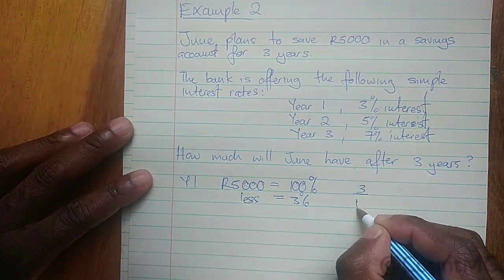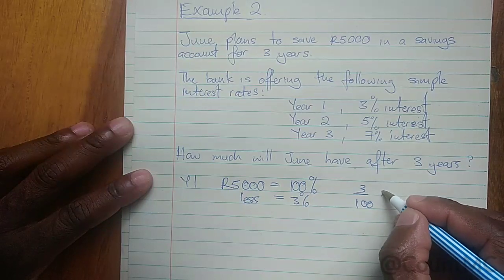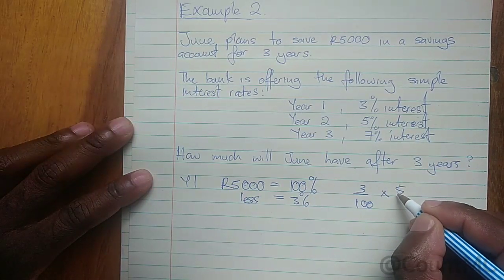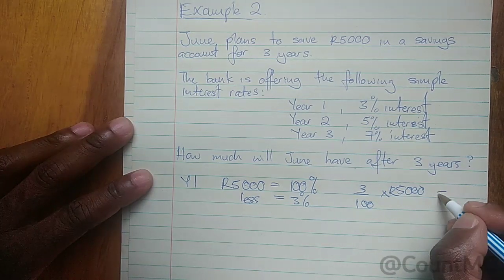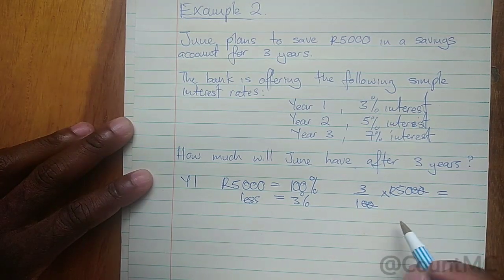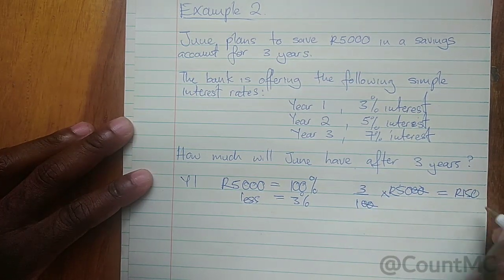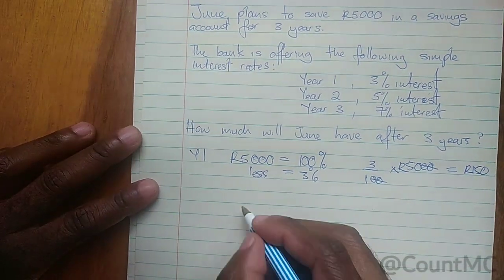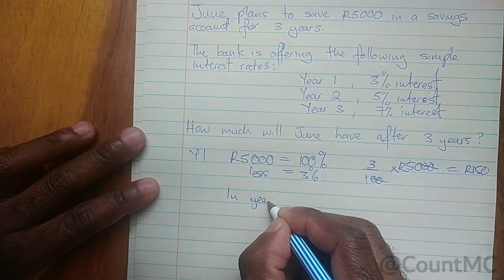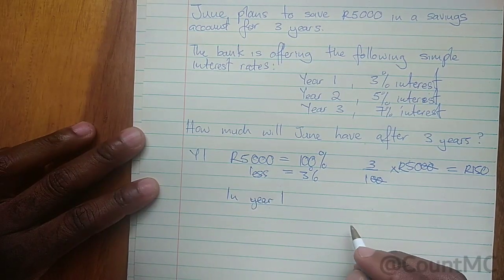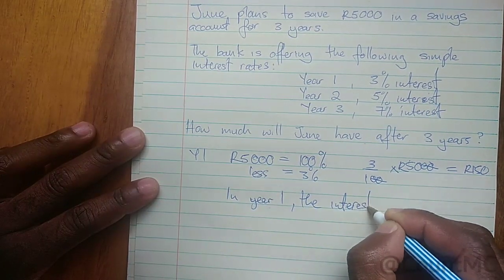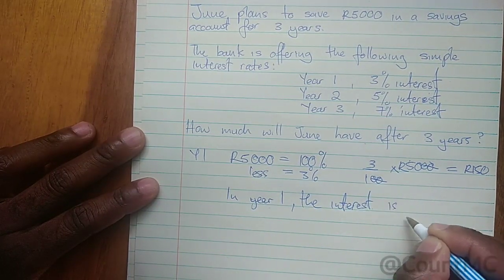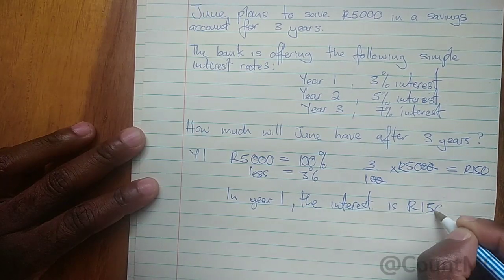So 3 over 100 multiplied by 5,000 rands. 50 times 3, that's 150. So in year 1, the interest received is 150 rand.